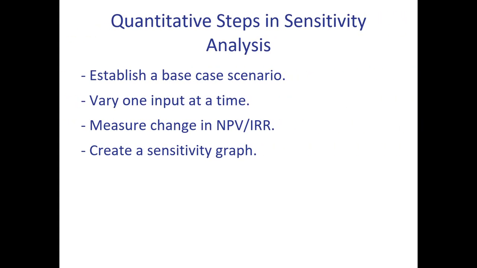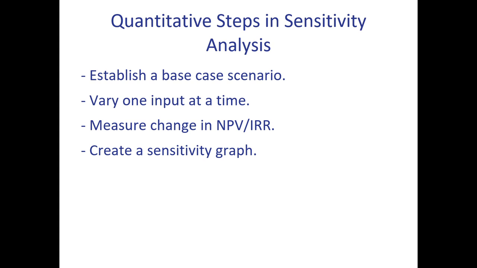Once we've taken the qualitative steps, we will move on to the numbers. First, we establish a base case scenario. This is where we assume everything has gone as planned and as expected. Then, we change one input variable at a time while keeping the others constant to see how that change impacts the net present value and internal rate of return.